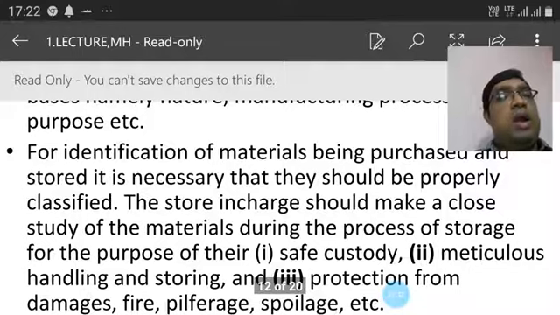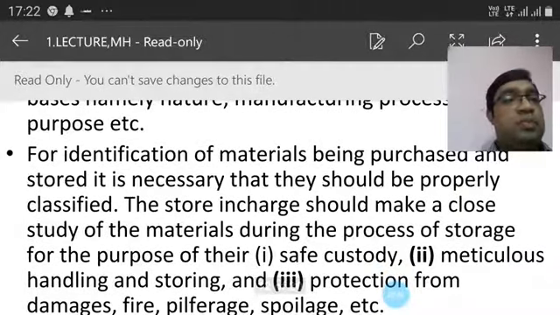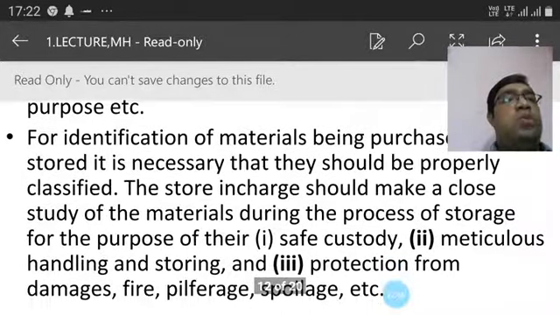For identification of materials being purchased and stored, it is necessary that they should be properly classified. The storage in charge should make a close study of materials during the process of storage.